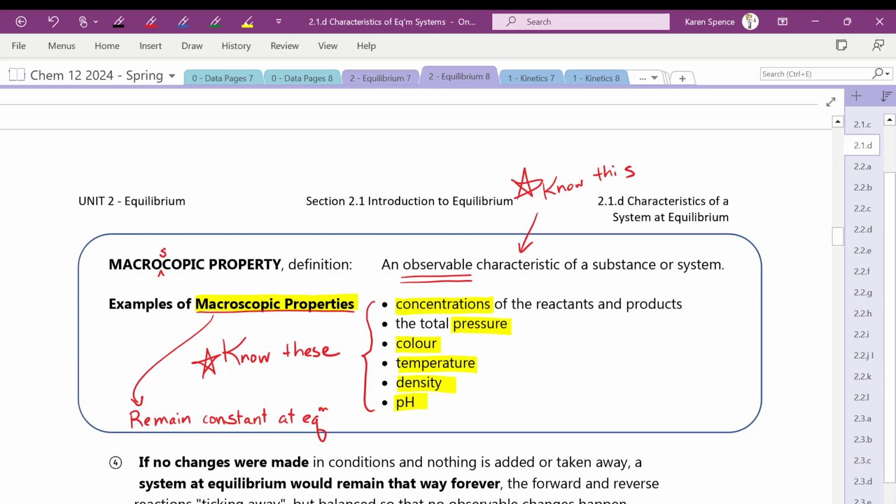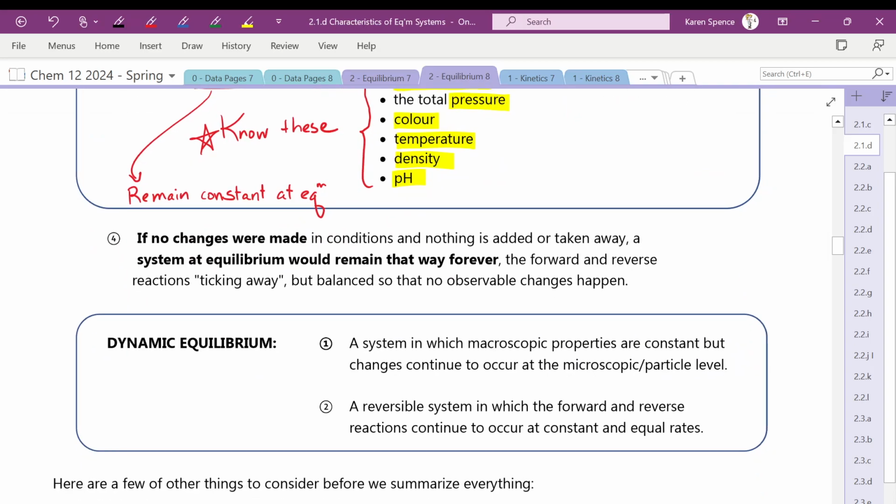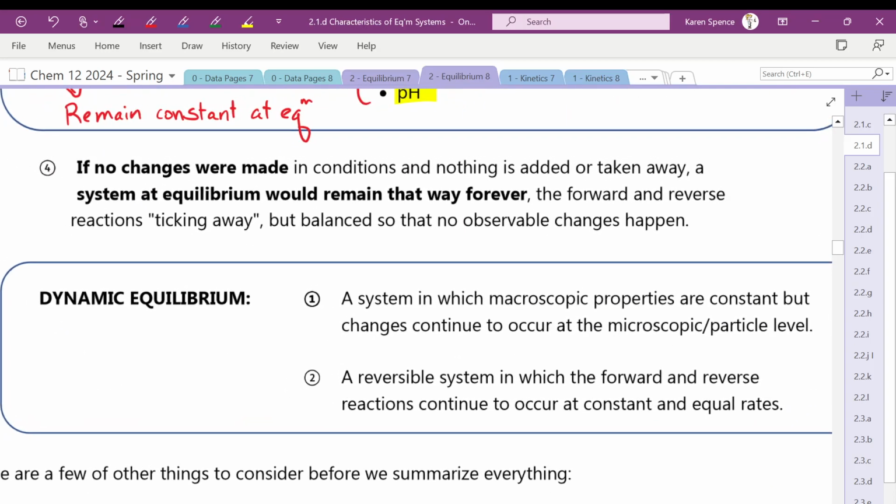Okay, so a dynamic equilibrium, there are several different ways to define it. Here are 2 of them, because you always have to have both the dynamic part and the equilibrium part.